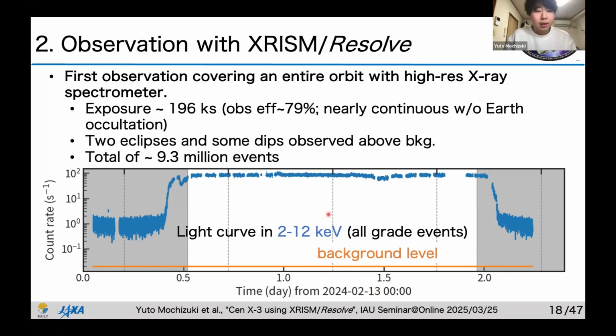The exposure time was about 200 kiloseconds, and we achieved high observation efficiency. Two eclipses and some dips were observed above background, and the total number of detected photons is about 9.3 million events.